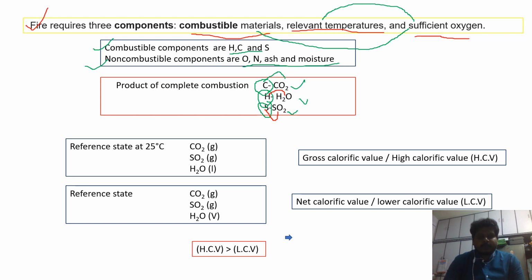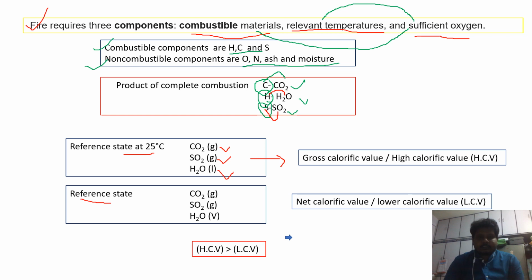If you take a particular state at 25 degrees centigrade, it may have CO2 gaseous, SO2 gaseous and H2O in liquid state. So it is called gross calorific value or high calorific value.